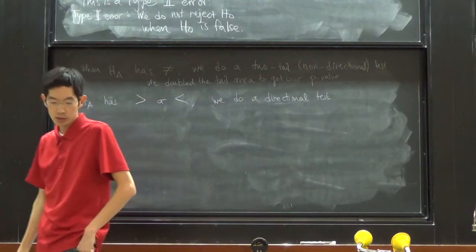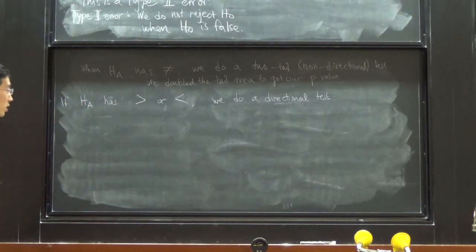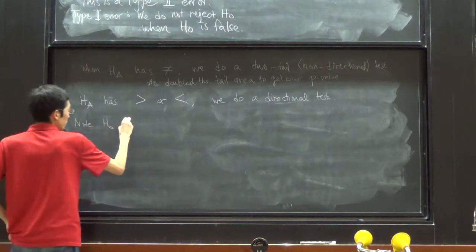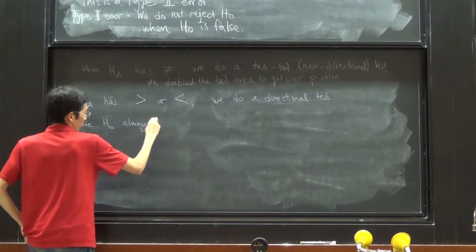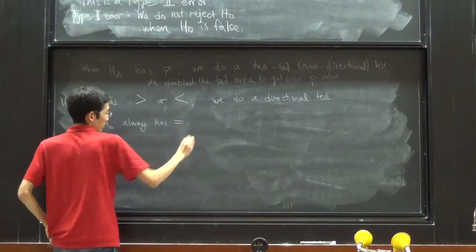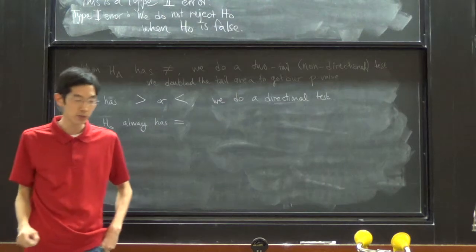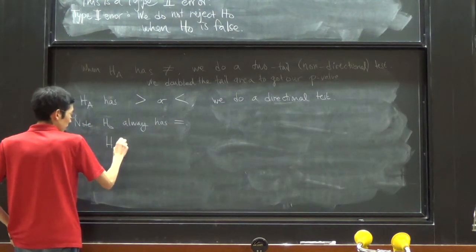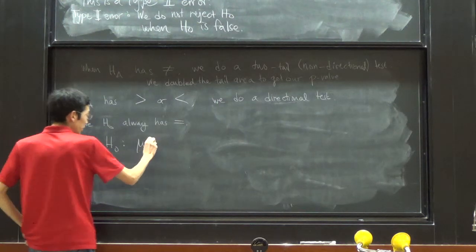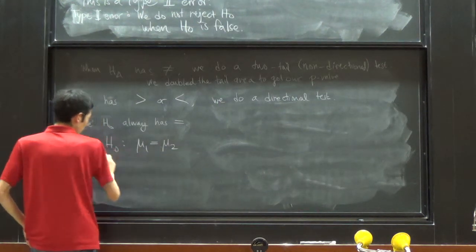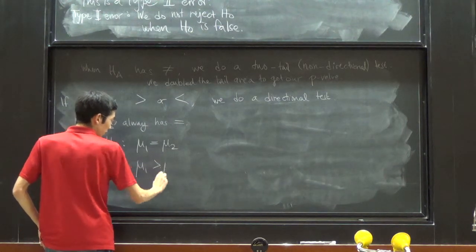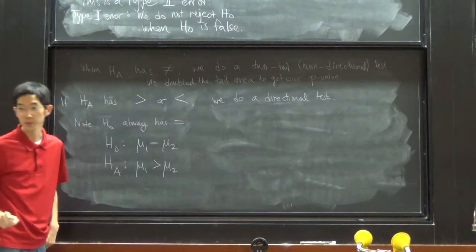And just on a side note, the null hypothesis will always have an equal sign. So in these situations, the null hypothesis might be something like mu1 is equal to mu2, and the alternative might be mu1 is greater than mu2.